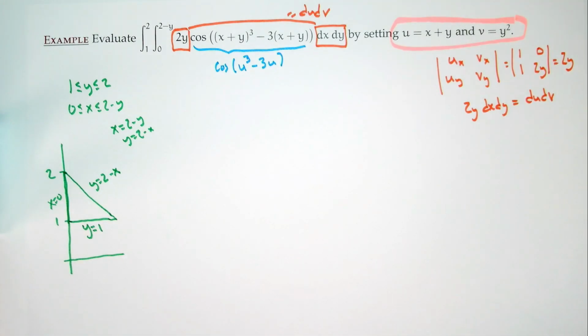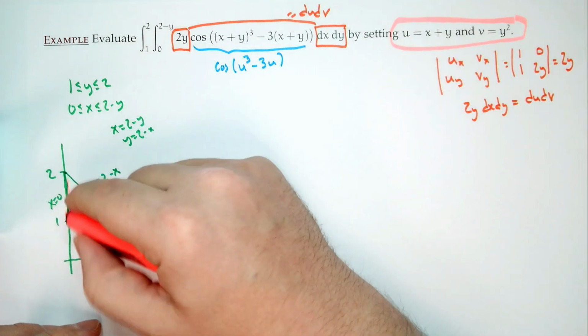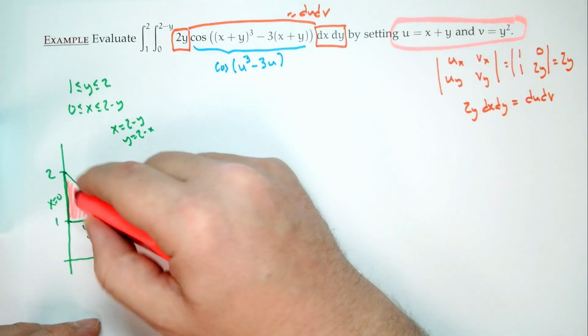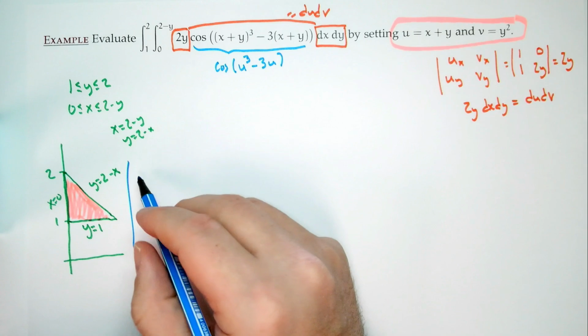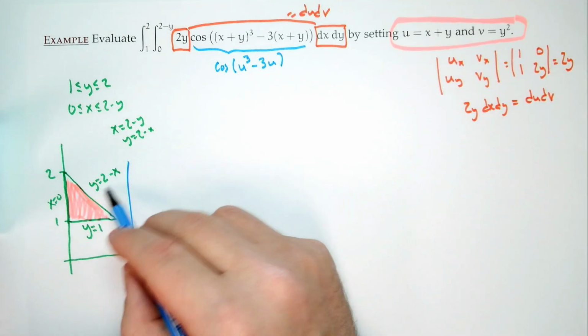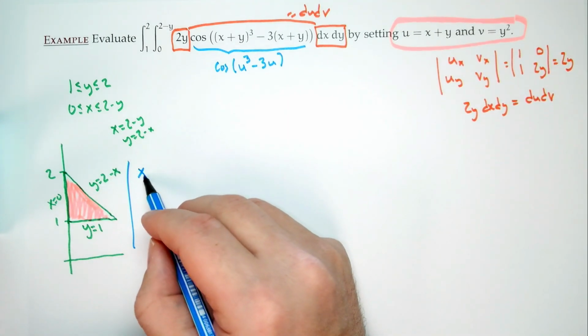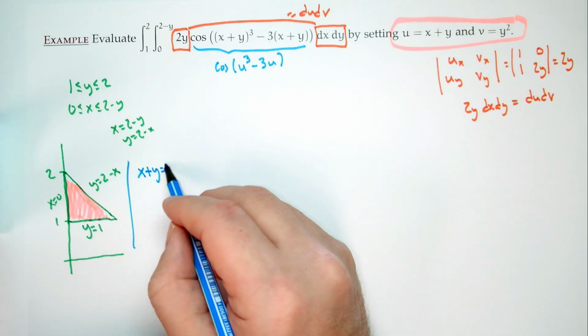So we say, all right, good. Life is good. We've got our shape. Now, we're not done yet. What do we need to do? We need to translate our bounding curves. So we're going to take each one of our bounding curves and rewrite it. So this curve, y equals 2 minus x, that's the same as saying x plus y equals 2.